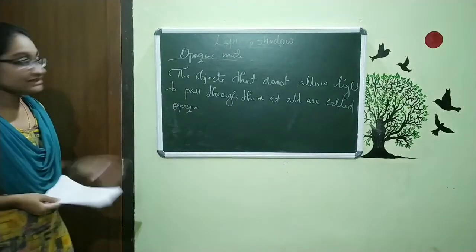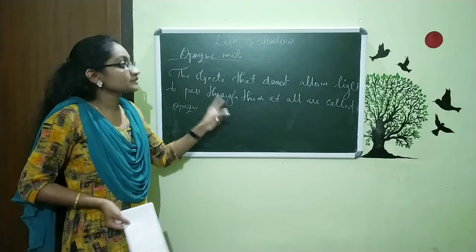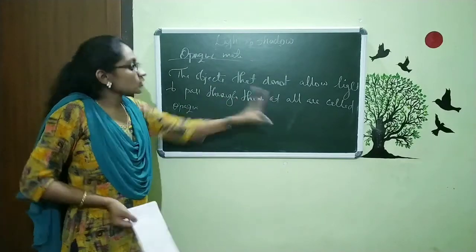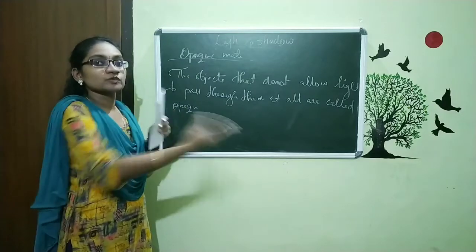So the definition is this: the objects that do not allow light to pass through them are called what? Opaque substances. That means no light is getting transmitted through the object.